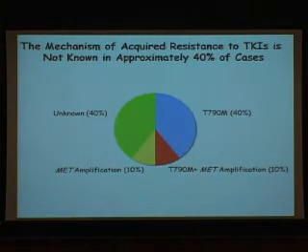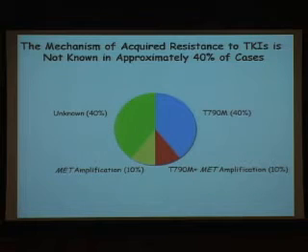And so a number of groups, including our group when I was at Sloan Kettering, found a secondary mutation in EGF receptor in about 50% of drug-resistant tumors, and that accounts for resistance to tyrosine kinase inhibitors.